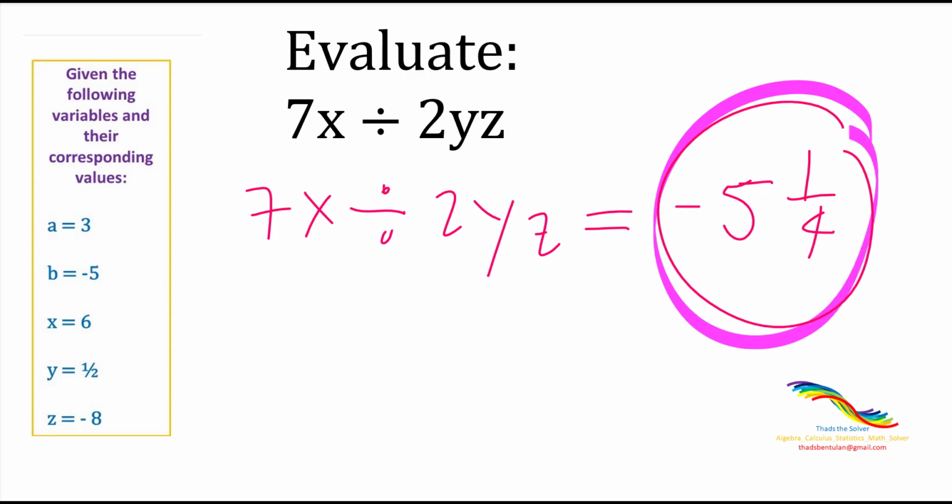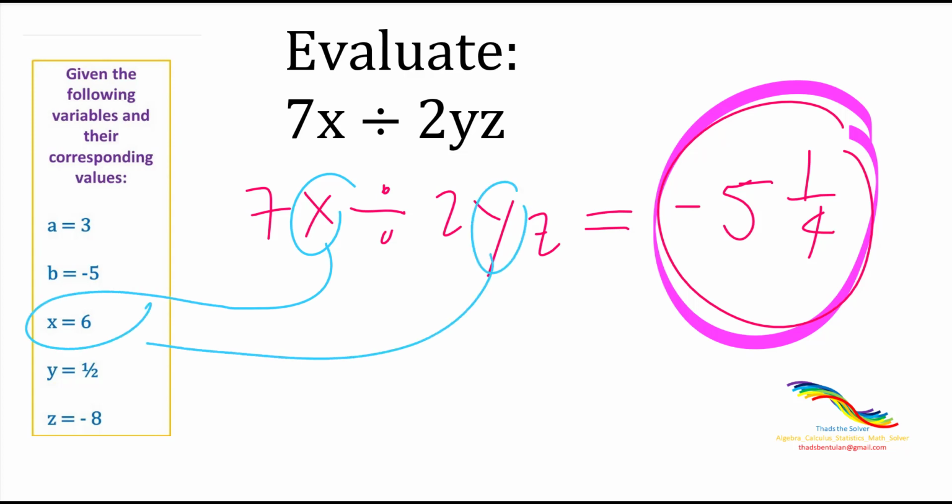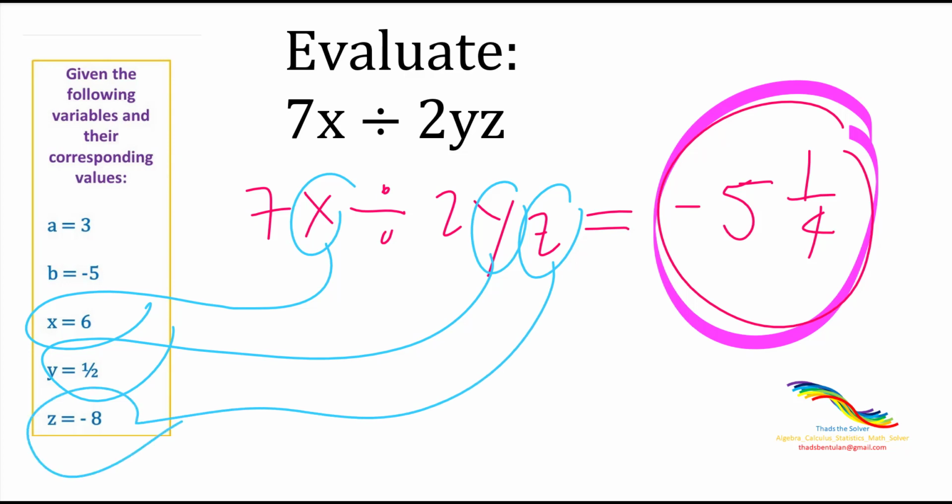Now, the condition is this: if and only if x equals 6, y equals 1/2, and z equals negative 8. So that expression 7x divided by 2yz is equal to negative 5 and 1/4 if and only if x equals 6, y equals 1/2, z equals negative 8.